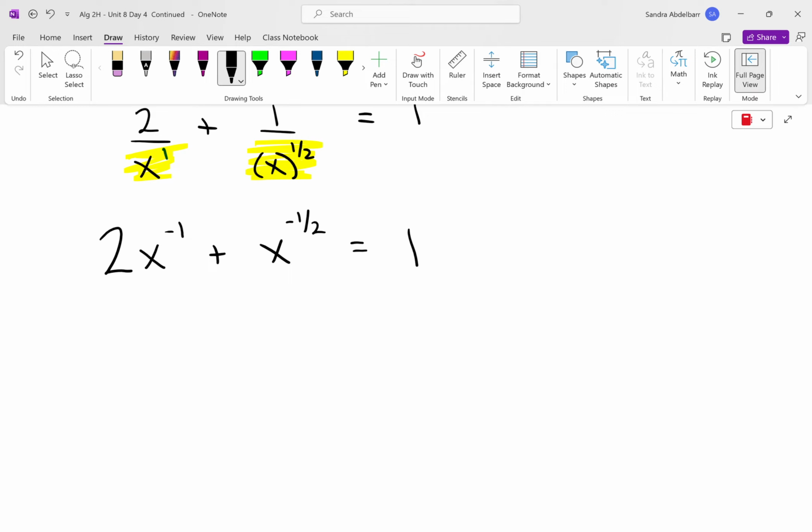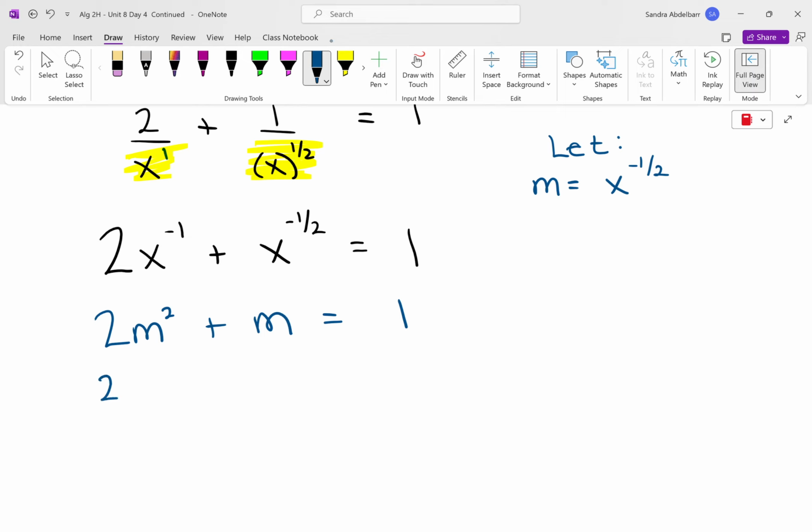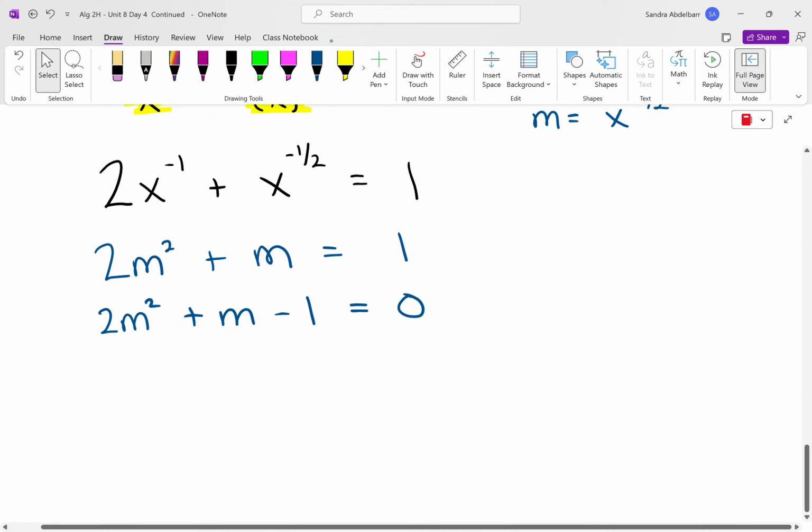Okay, now once again, this looks a little bit more like something I can factor. I can go ahead and use substitution. I'm going to let m equal x to the negative half power. So this brings me to 2m squared plus m equals 1. Going to bring that one over. 2m squared plus m minus 1 is equal to 0.